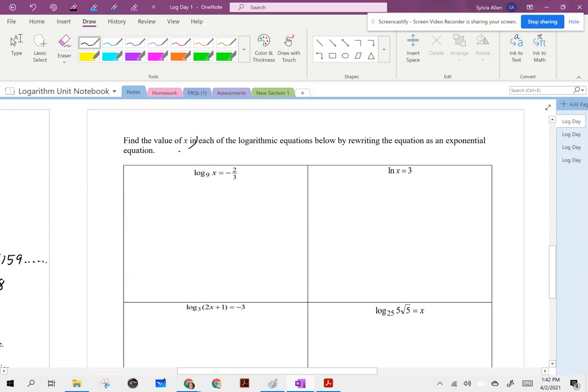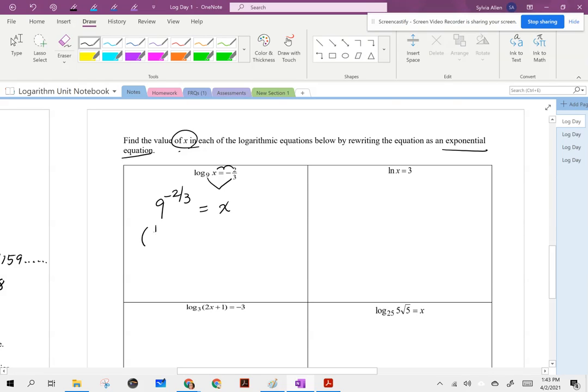It says find the value of x in each of the log equations below by writing the equation as an exponential equation. All right, so we would have 9 to the -2/3 equals x. Okay, so we are rewriting it, and now we are going to simplify that. So the first thing I want to do is get rid of the negative.